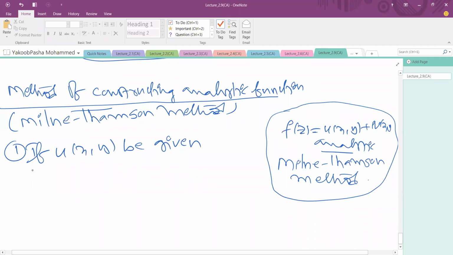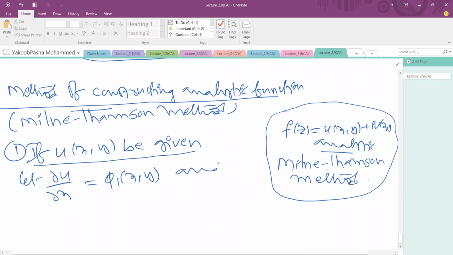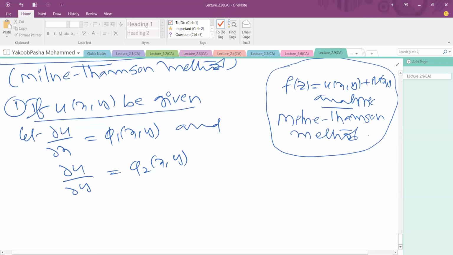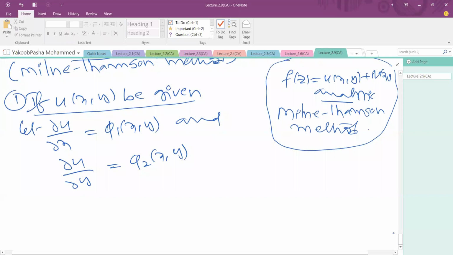Then we take dou u by dou x as phi1 of x comma y, and dou u by dou y as phi2 of x comma y.